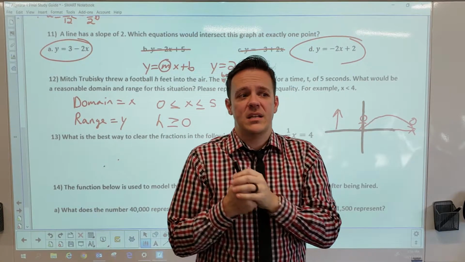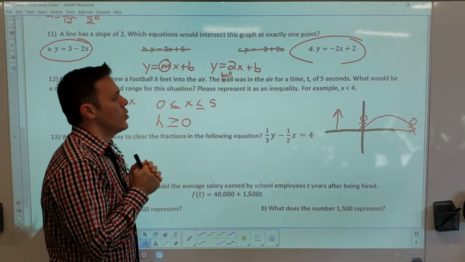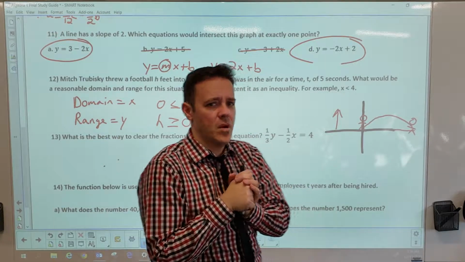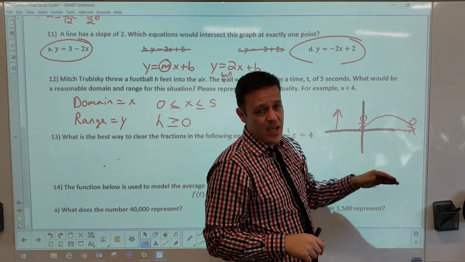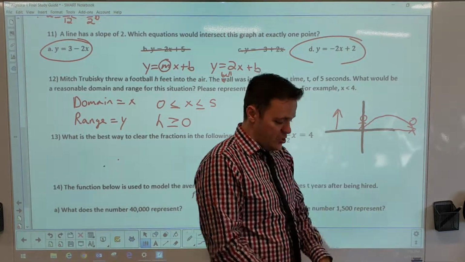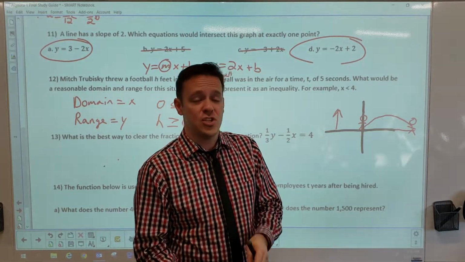When we get to quadratics, right after spring break, we're going to cover quadratics in like February, but we're going to do an activity. It's an Angry Birds project where we will throw a ball like this. We'll have it create an arch. Some of you will throw it from like 2 feet off the ground, so you would start at 2 as your range.